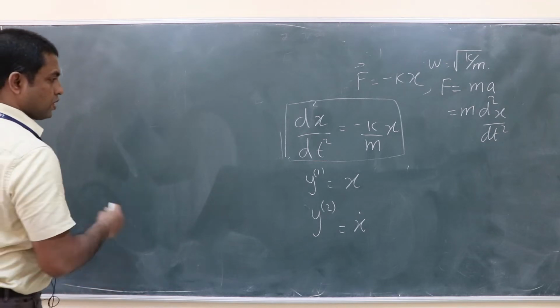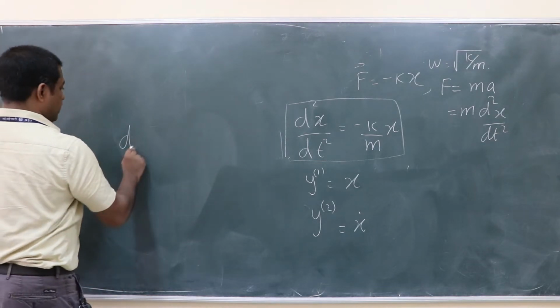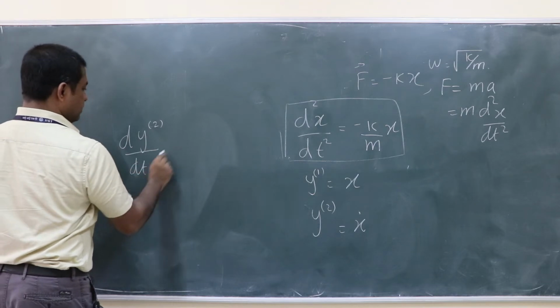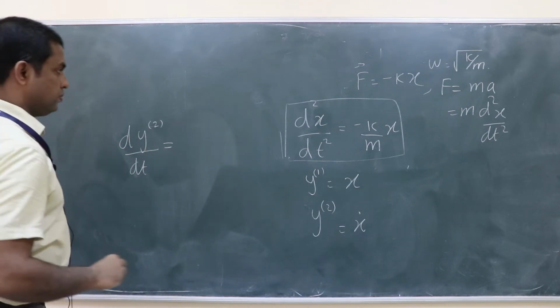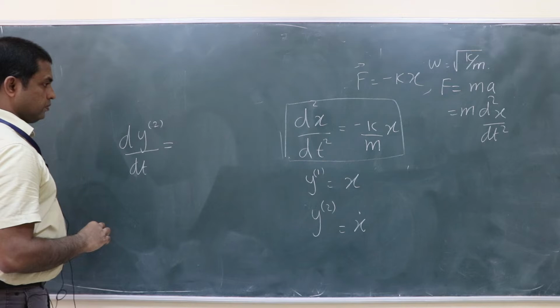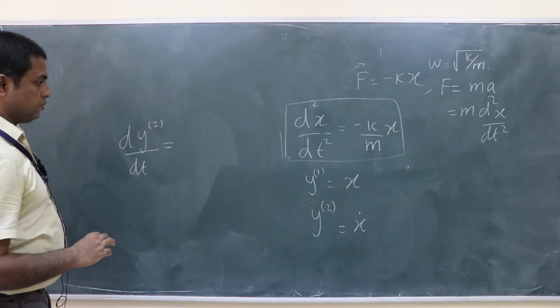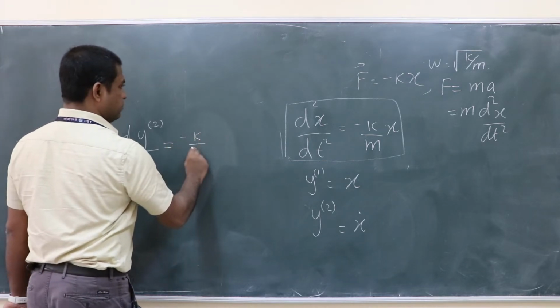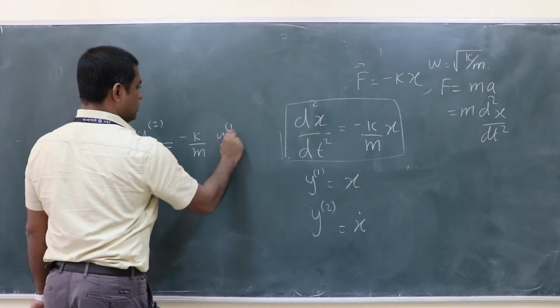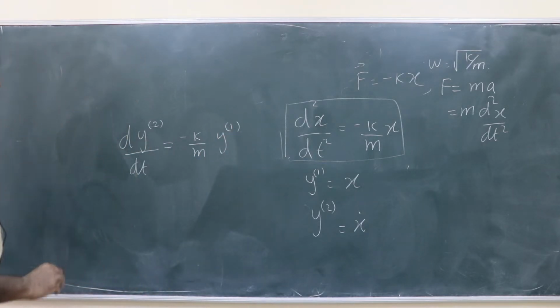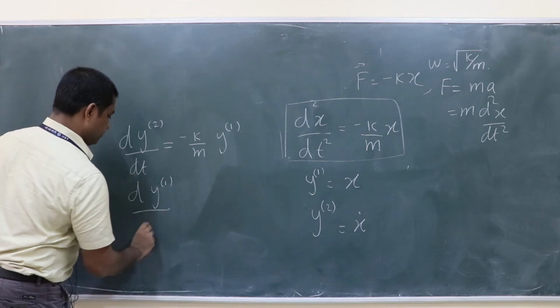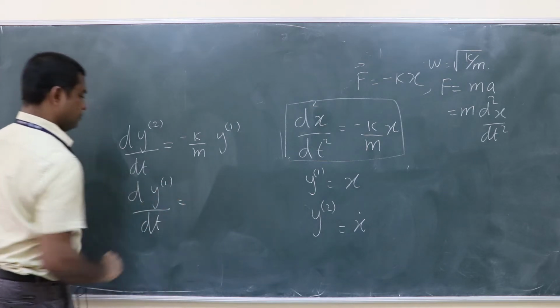So what is dy2 by dt? It is minus k by m y1. And dy1 by dt is y2.